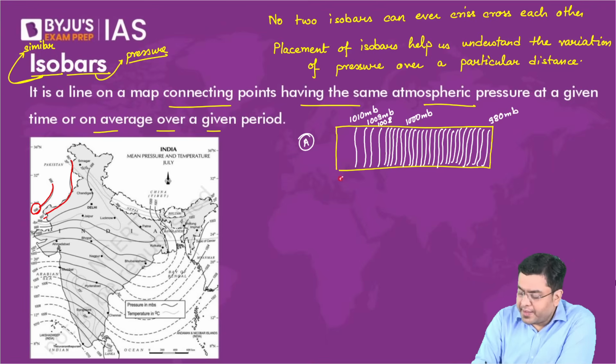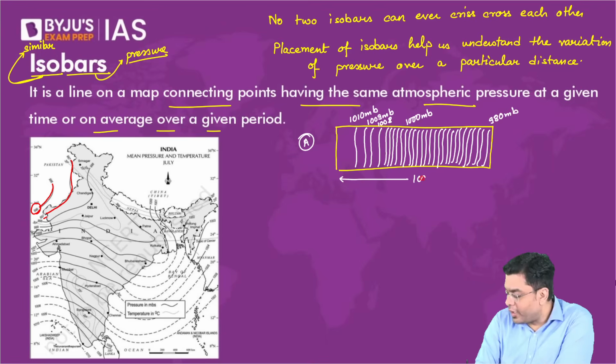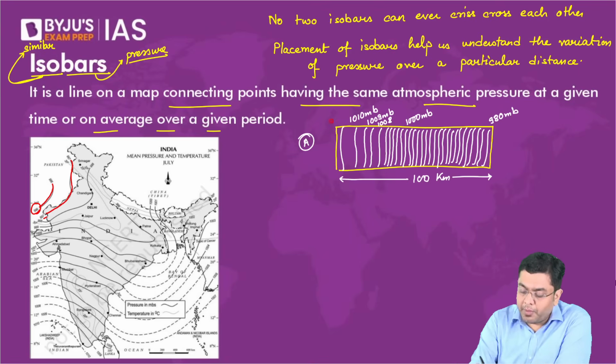If you consider this to be a distance of 100 kilometers, it tells you that over a region of 100 kilometers, the pressure has varied from 1011 millibar to around 980 millibar.